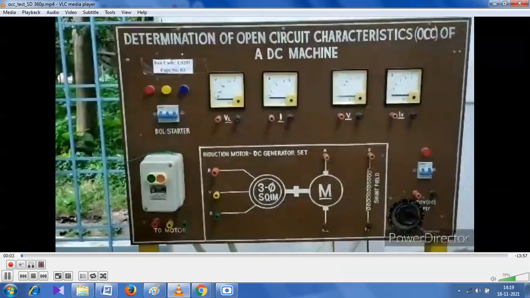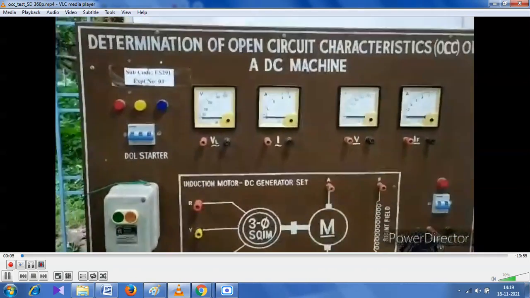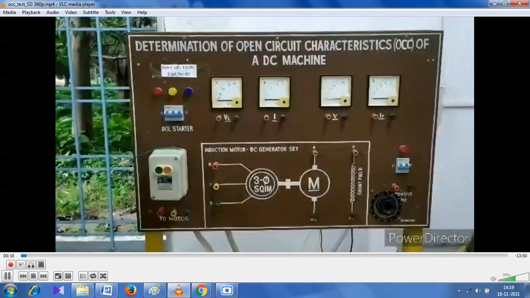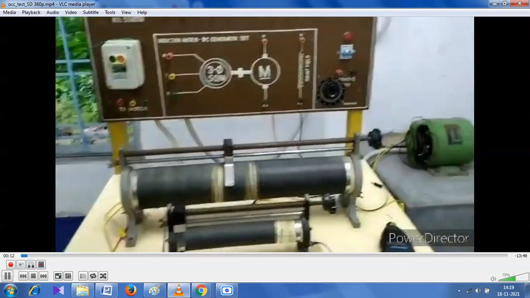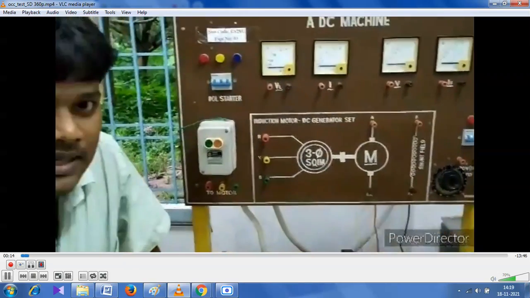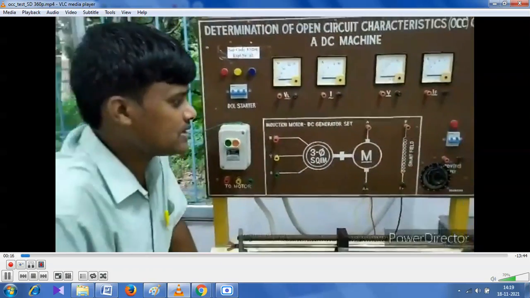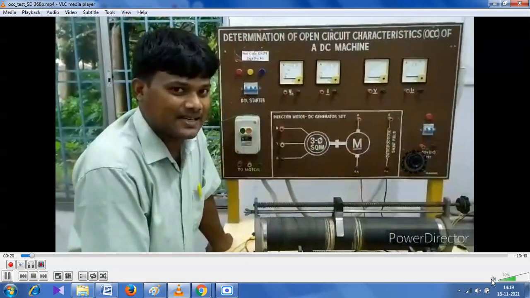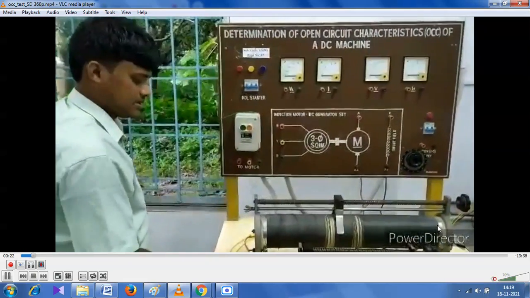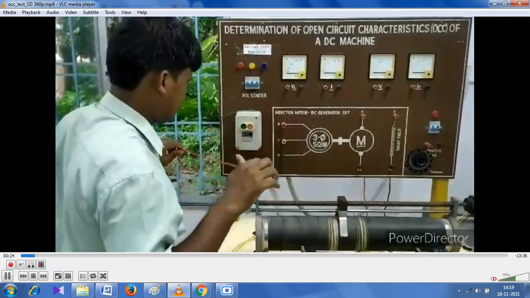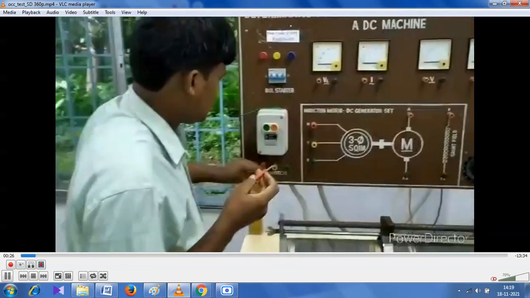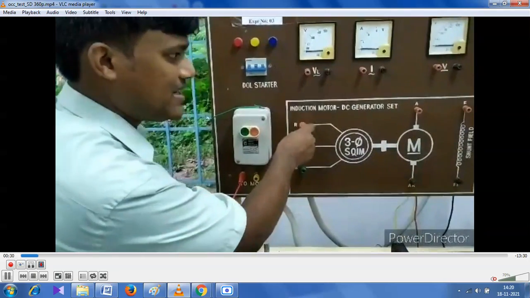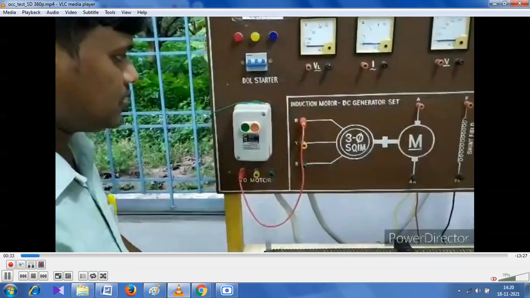Draw the open circuit characteristics of the DC machine and find the critical resistance from that line. First, we have to provide mechanical energy to the DC generator so that we can get electric energy. Actually, we are delivering the mechanical energy from an induction motor, which is basically an AC motor.